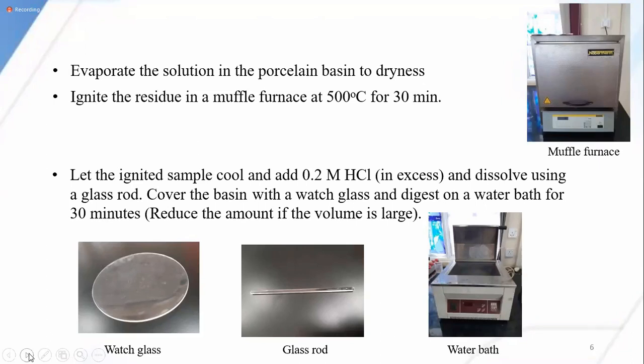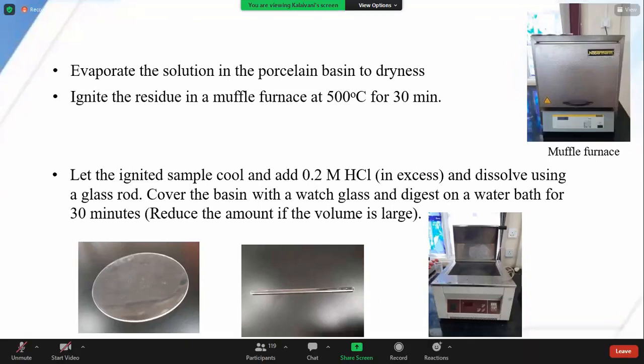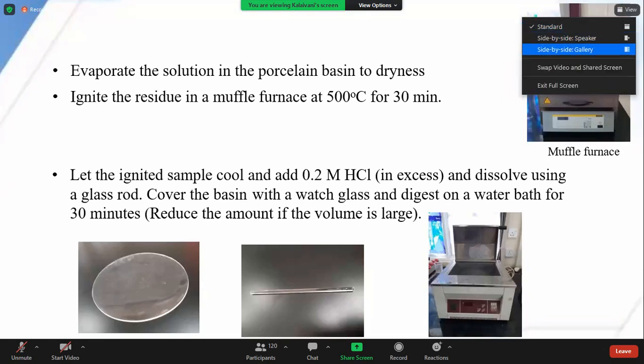Then dissolve in HCl to convert the oxide into chloride ion. Very good. Then cover the crucible to avoid the HCl evaporating. If you take a crucible, you can cover it with the lid, or cover it with a watch glass.